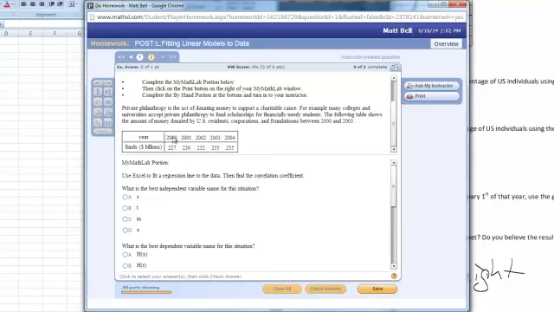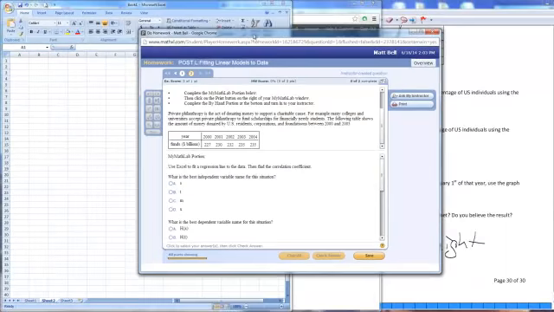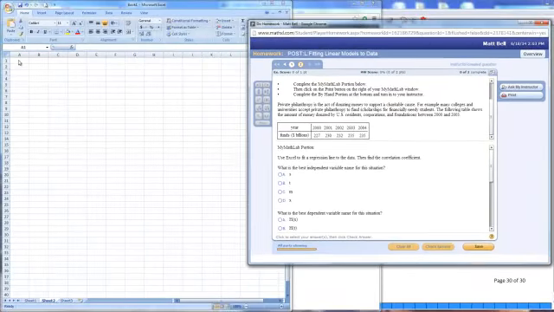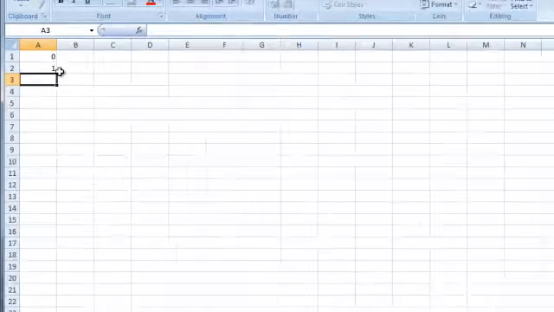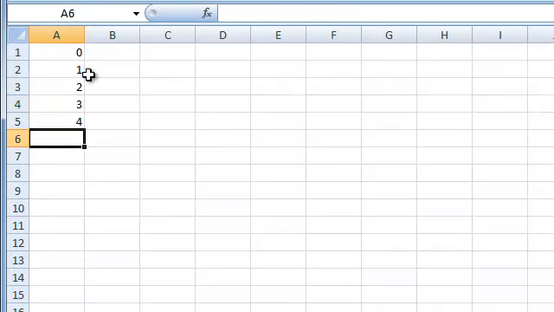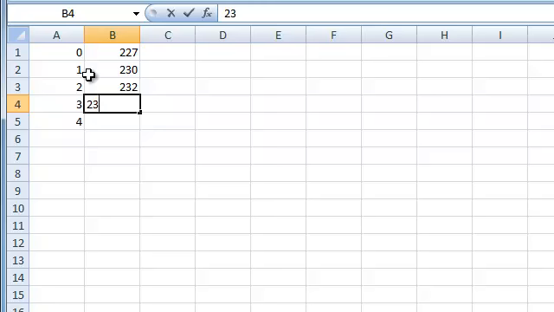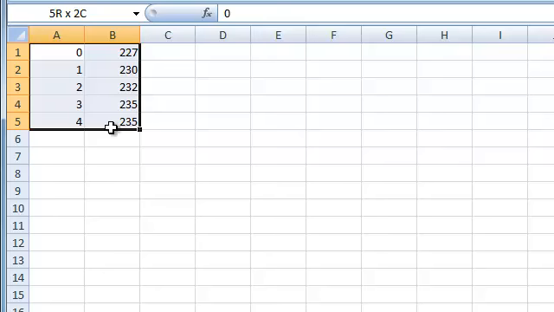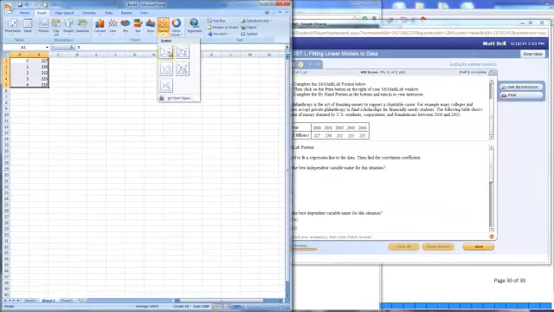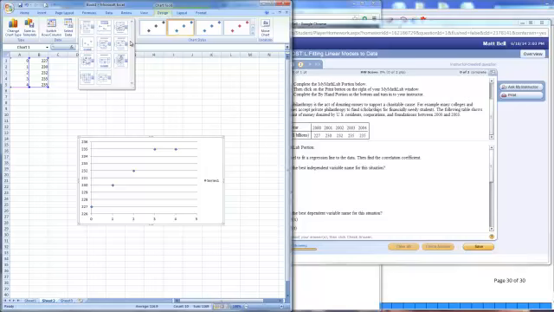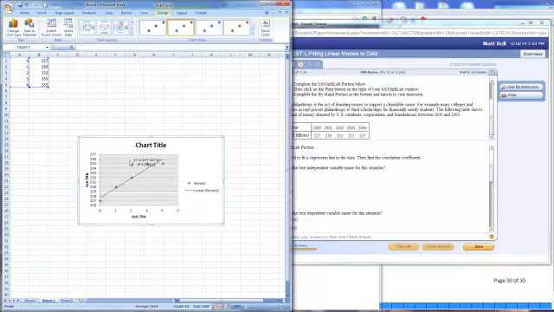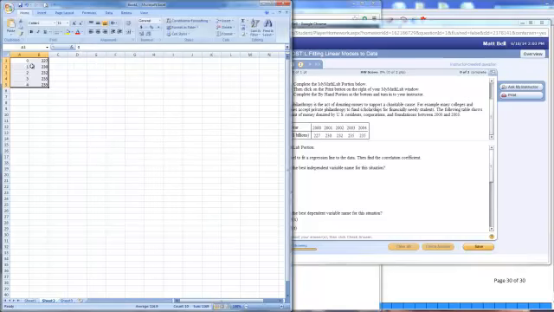So remember, year, I want this to be year 0, year 1, year 2, year 3, right? So if I was doing this problem, over here I would type in 0, 1, 2, 3, 4, and 4, right? That's the last one. And then type in 227, 230, 232, 235, 235. And it's in billions, and then create your scatter plot. Insert scatter. And make sure that you label everything, okay?